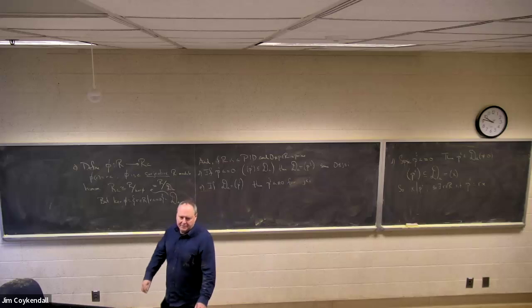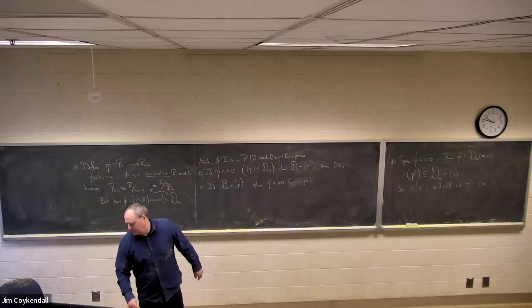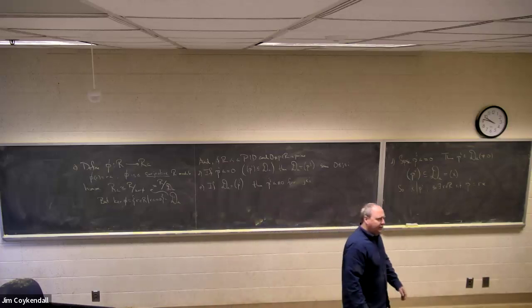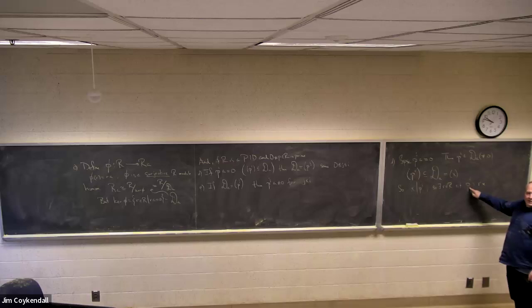How does this help? What else do you know about a PID? The classical algorithm. Any PID has unique factorization. So here you have an element that's not zero, which has a prime factorization.